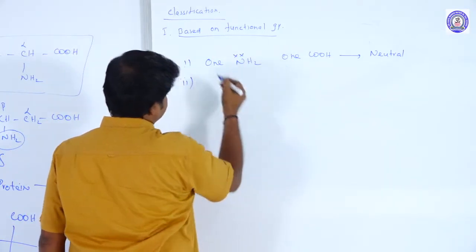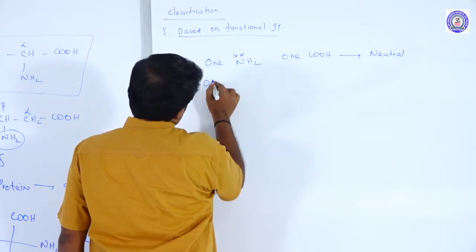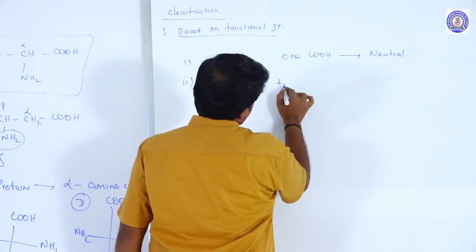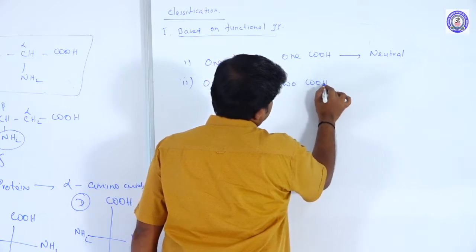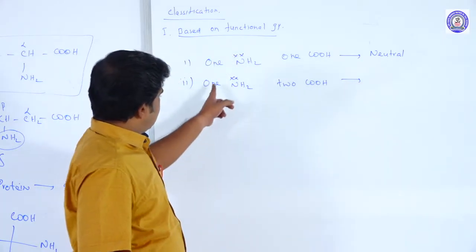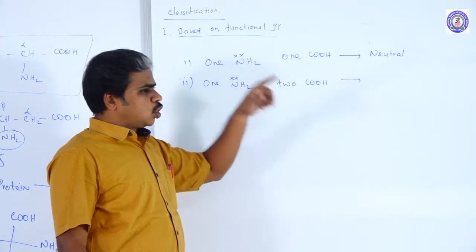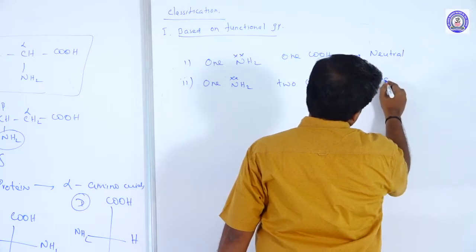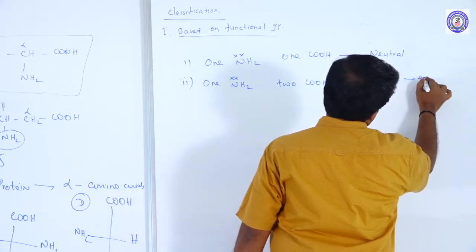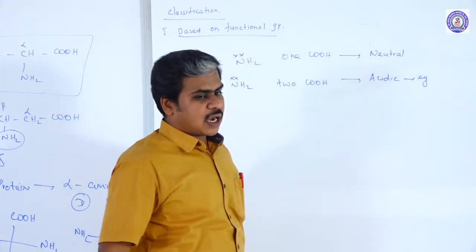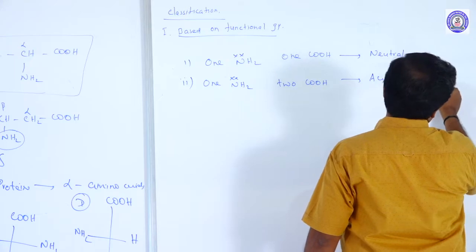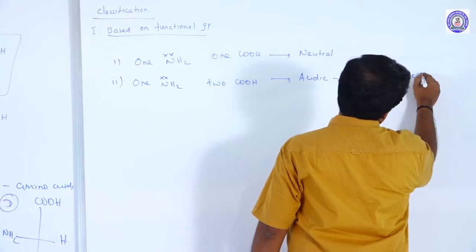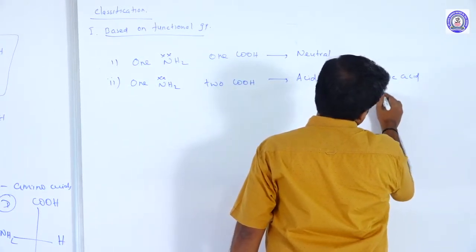Then second, it has one NH2 and two COOH groups. Then it has one basic group and two acid groups, so the compound is acidic. Examples are aspartic acid and glutamic acid.